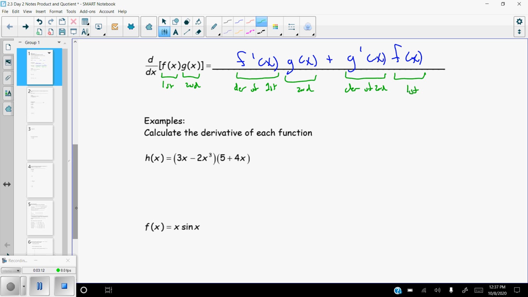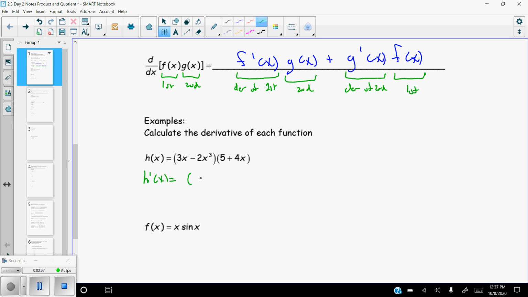So we want to calculate the derivative of each function. So you should be able to clearly see in h that h is a product of two different functions. You've got 3x minus 2x cubed and 5 plus 4x. According to our product rule, if I want to take the derivative of h, we're going to take the derivative of the first function.